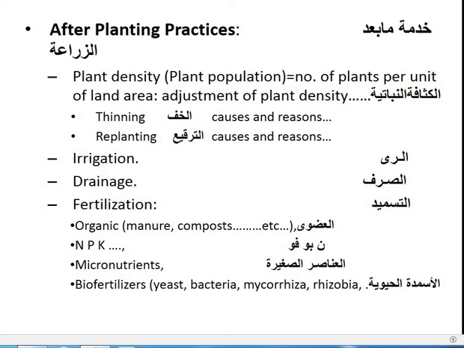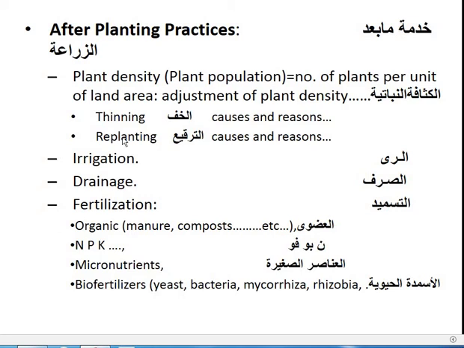We do 2 different processes. The first is thinning. If we put 3 seeds in a hill and we need 1 plant per hill, we do thinning. We cut off 2 plants and leave 1 plant only on a hill.